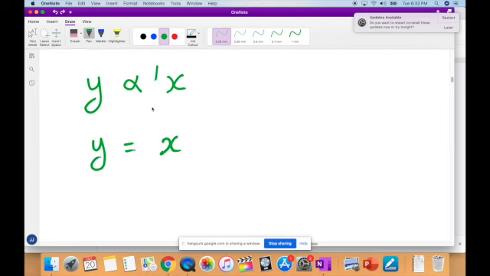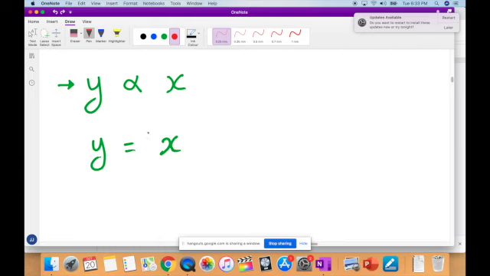So at the end of the day, if 2 things are directly proportional, you cannot just go and say that they equal. No. Because we don't know what the proportion is.